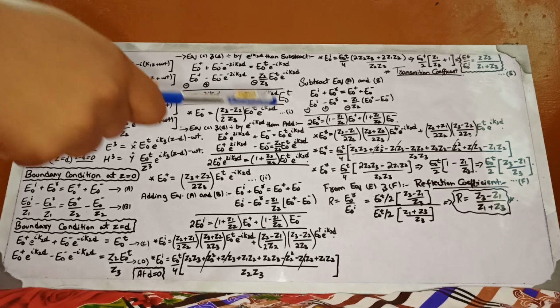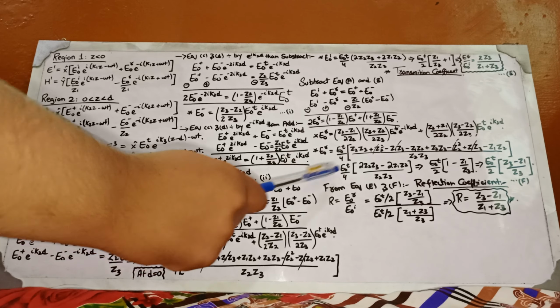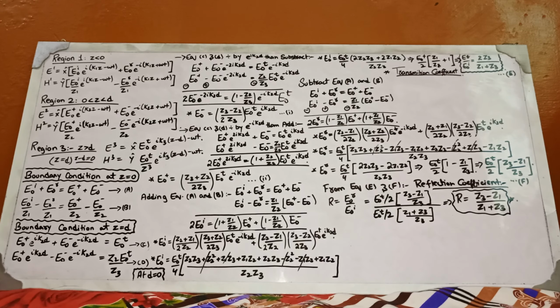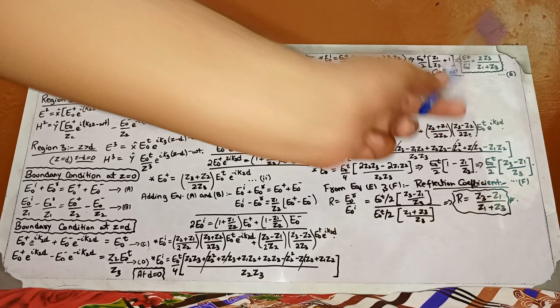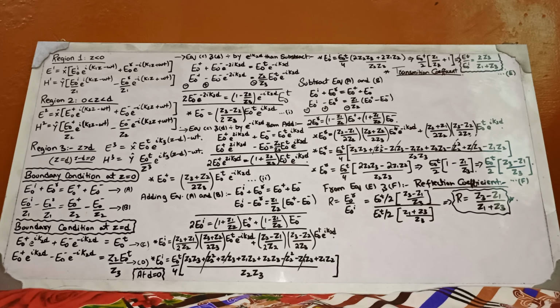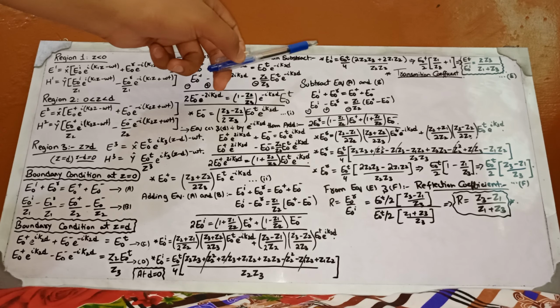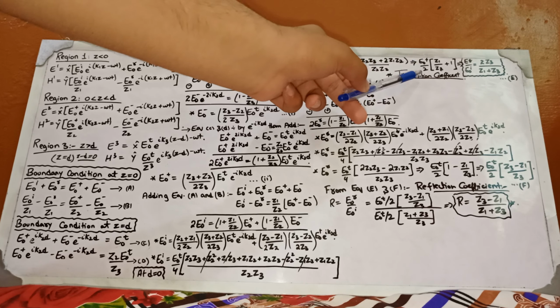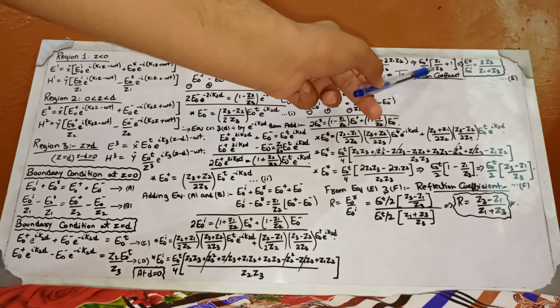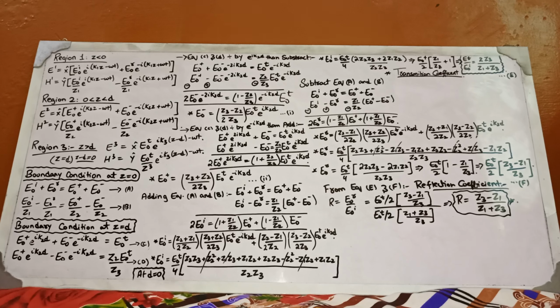Now this is the answer of E naught R, which is E naught T divided by 2 times Z3 minus Z1 divided by Z3. Okay, and the answer of E naught I is this, E naught T divided by 2 times Z1 divided by Z3 plus 1.